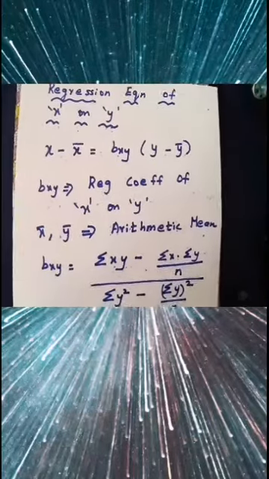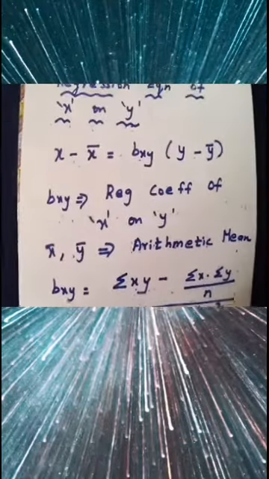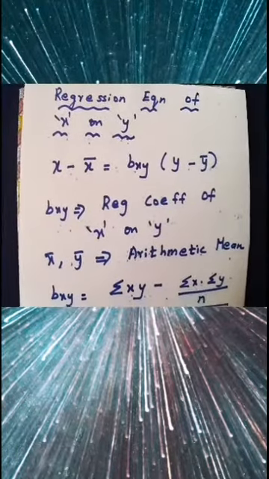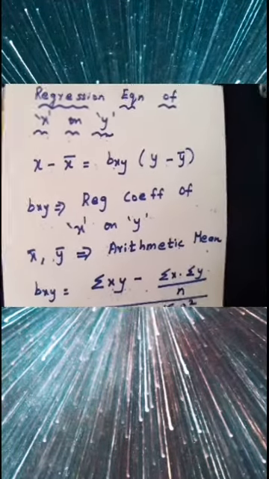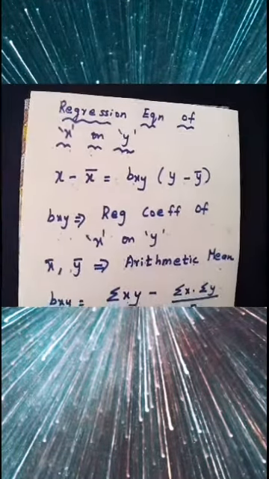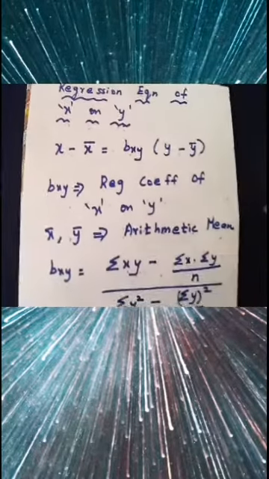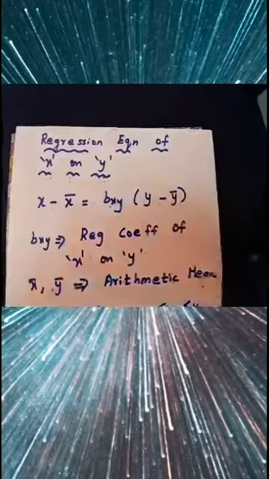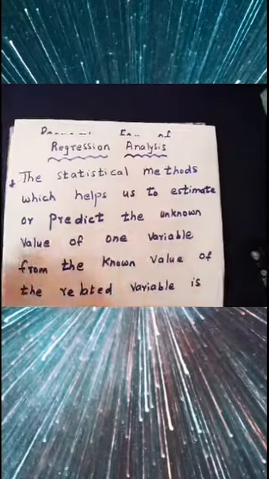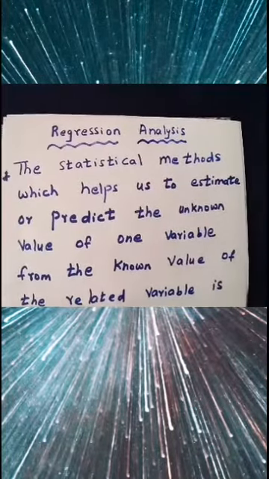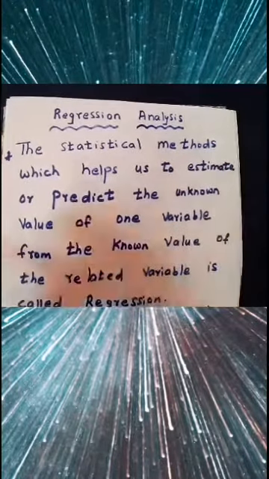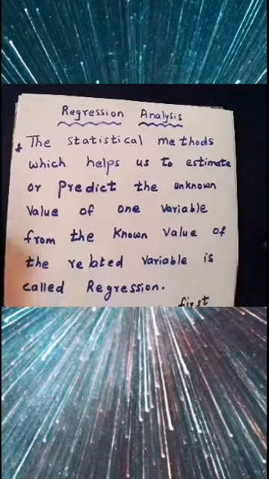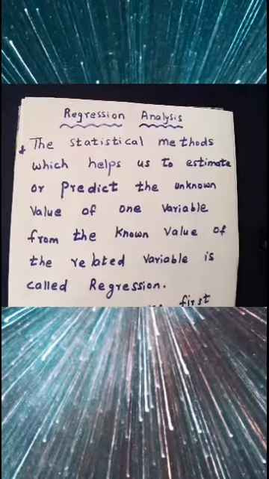Today we discussed about regression. Okay, what is the meaning of regression? Regression is a statistical method to predict or estimate the unknown value of one variable from the known value of the related variable.